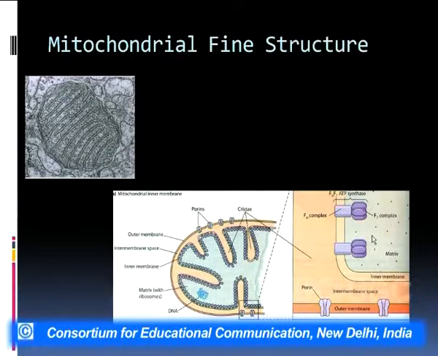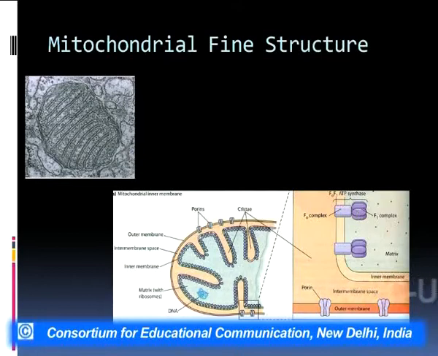The two faces are there. The face which is towards the matrix is called the M phase, and the phase which is towards the intermembrane space is called the C phase. These two faces of the internal membrane have different permeability properties, and the racket like assemblies, which have a rotor at the knobs inside, are called the F1 particles and the F0 particles.